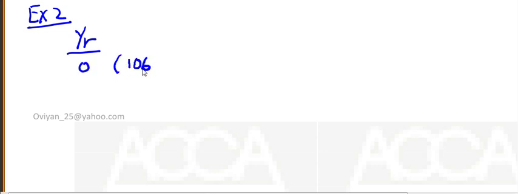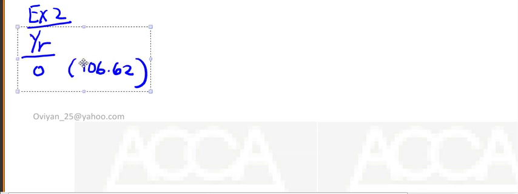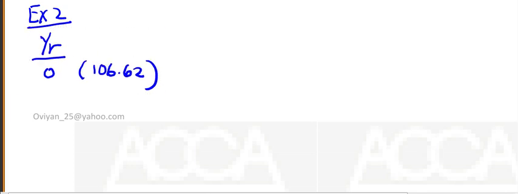This is example number 2. We have here year 0. The price is going to be 106.62. Now try to write as far left as possible, because it involves some IRR calculation.